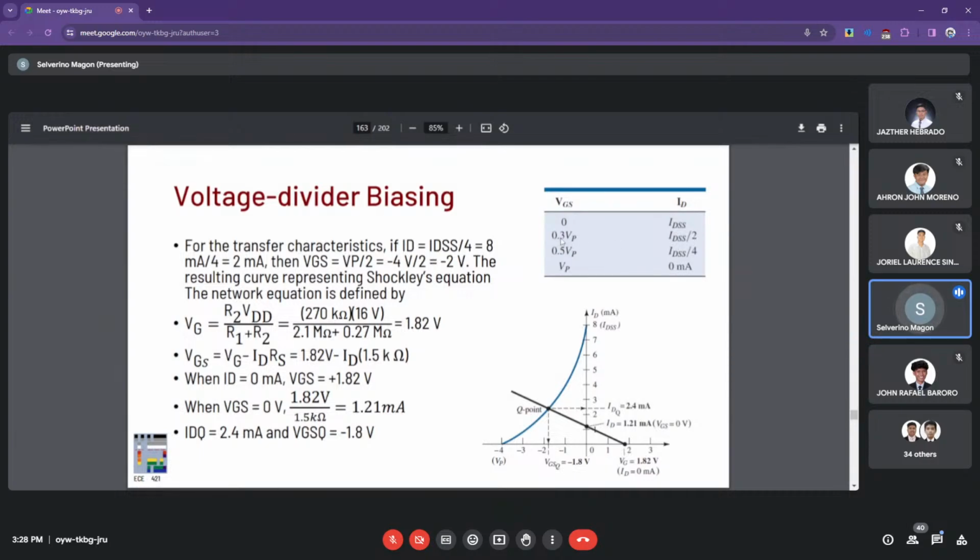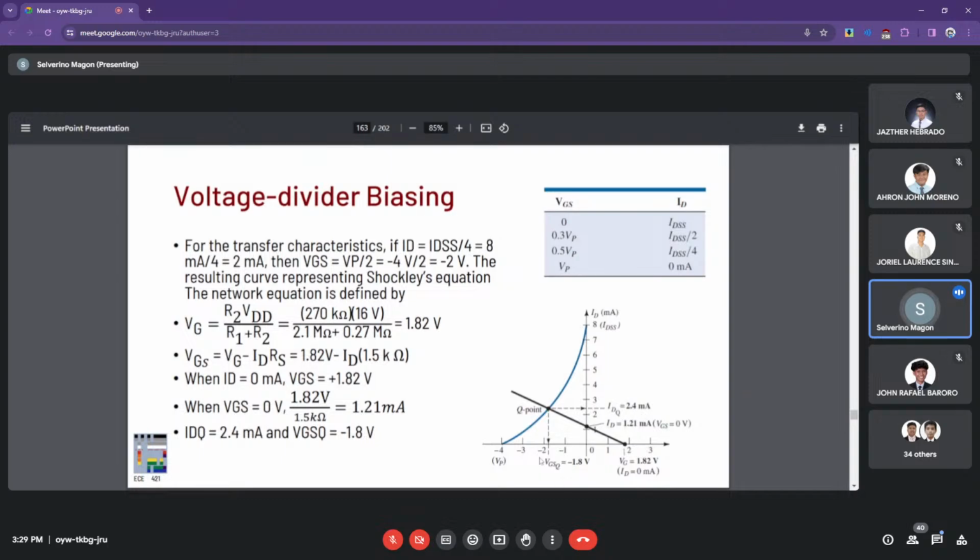And then at point 3 of pinch off voltage, you have the half current point, and at point 5 of pinch off voltage, you have the quarter of the drain to source saturation current.